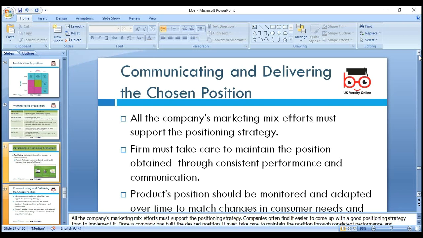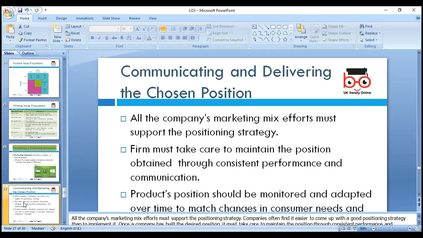We need to segment as well. So that will help us to achieve our organization objectives effectively. So any question?